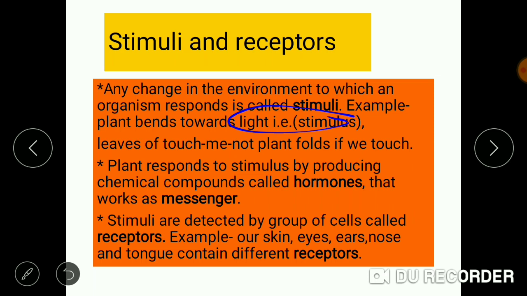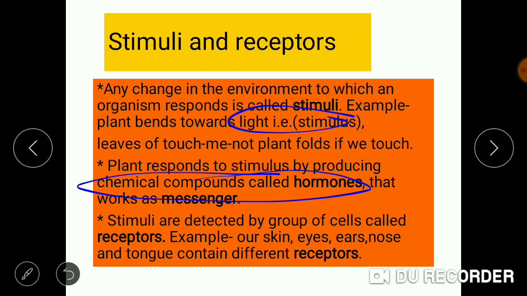Another example is the leaves of the touch-me-not plant, which fold on touch. Plants respond to these stimuli by producing certain chemical compounds known as hormones. These hormones work as messengers and are responsible for giving the response by the plants.